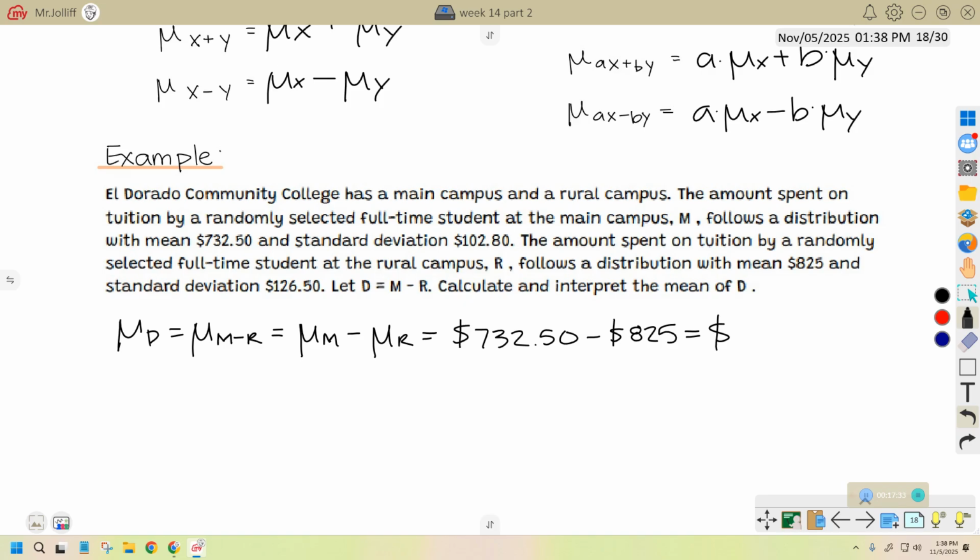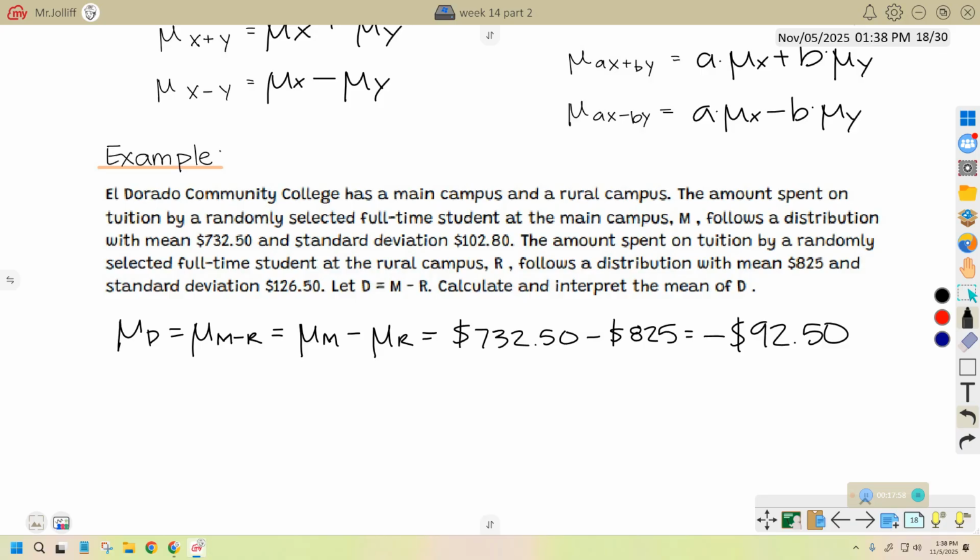And I do not want to do that in my head. So negative 92.5. Confirmation? Yes? I shouldn't put that there yet. Negative 92.50, since we're talking about money. I agree.